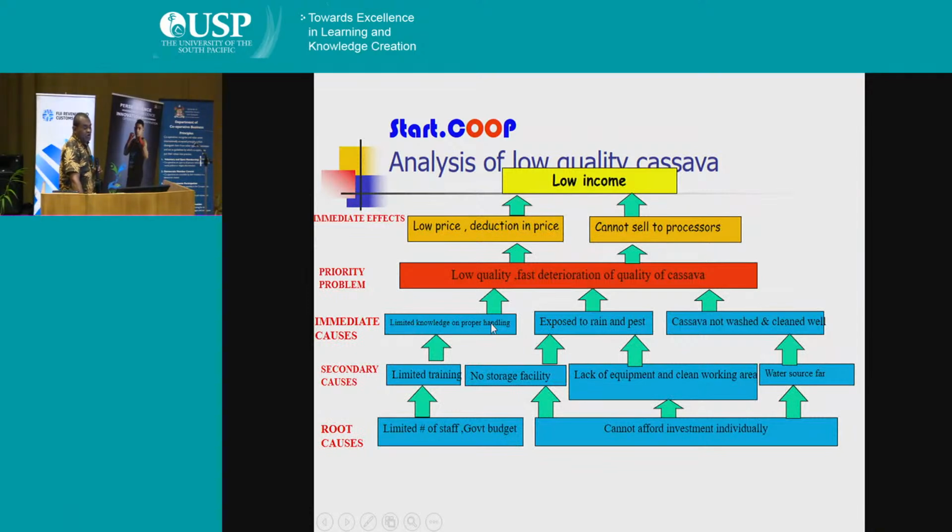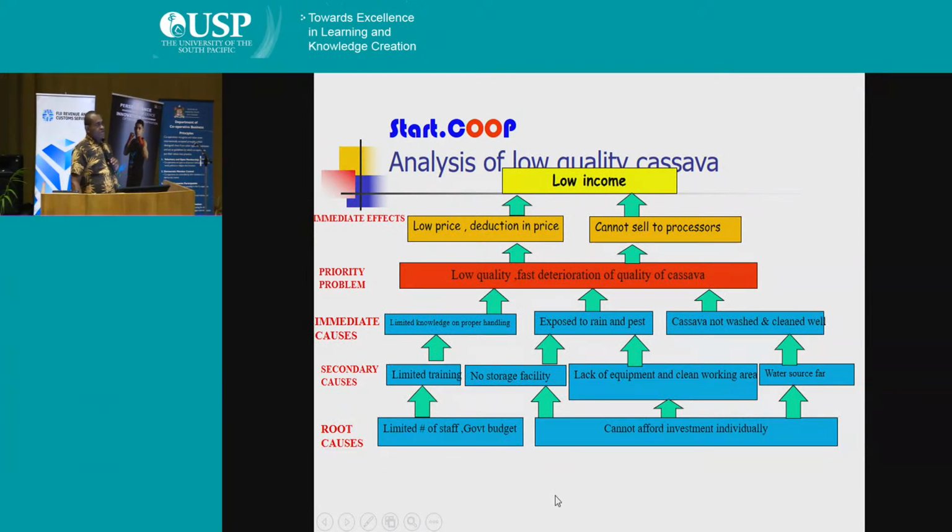Limited knowledge on proper handling. What other bit causes that? Exposed to rain and pests. The other cause? Cassava not washed and cleaned well. And then secondary causes: limited training, no storage facility, lack of equipment and cleaning area, water source too far.